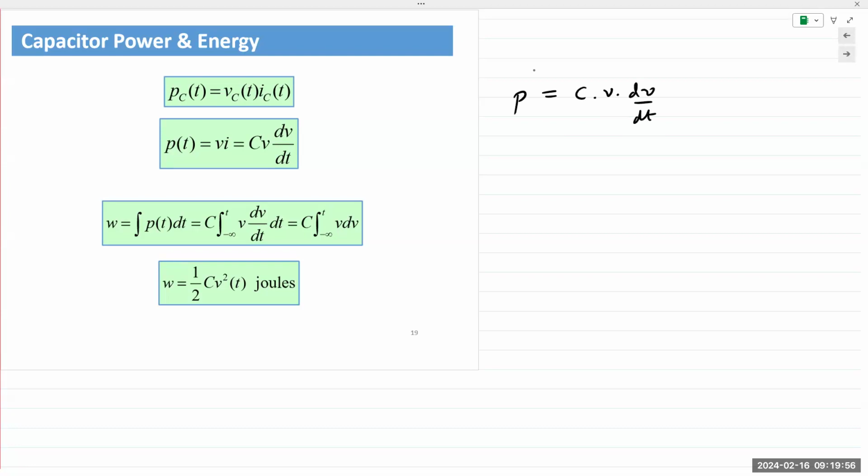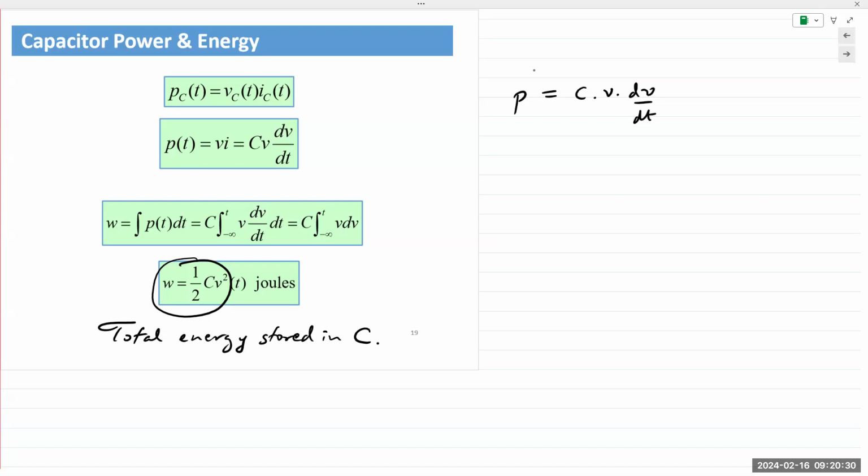Energy is similar to the inductor equation, where it was half Li squared. Here it is half CV squared. The total energy stored in the capacitor, once it reaches full charge, is half CV squared.